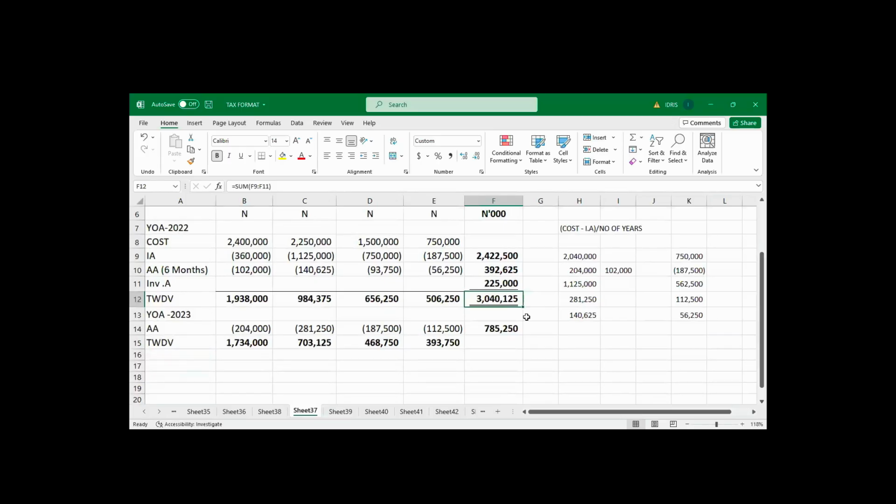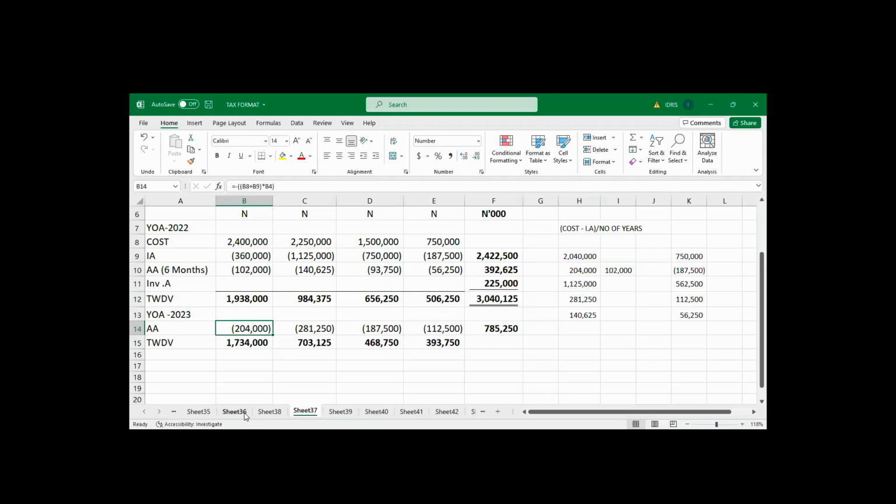2023 year of assessment. How do I get the capital allowance? How do I get the annual allowance for 2023 year of assessment? What you need to ask yourself is, in 2023 year of assessment, how many months is the basis period?